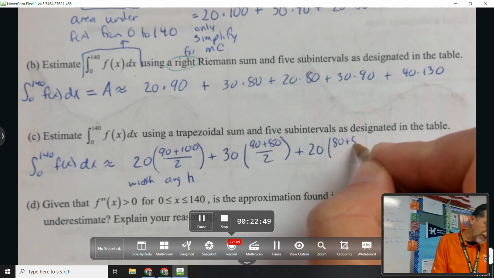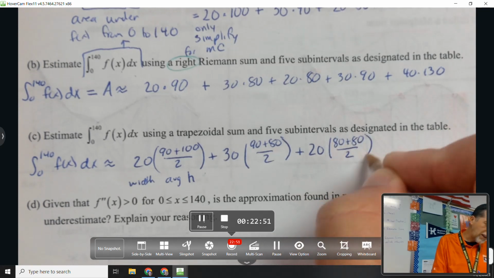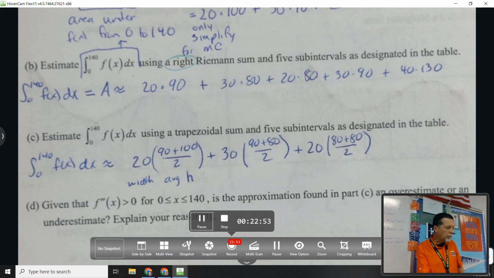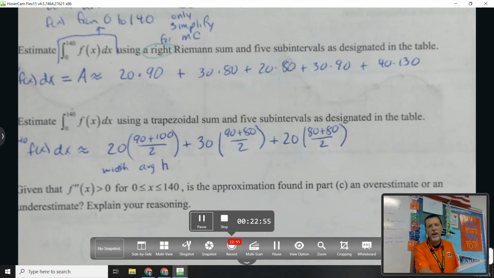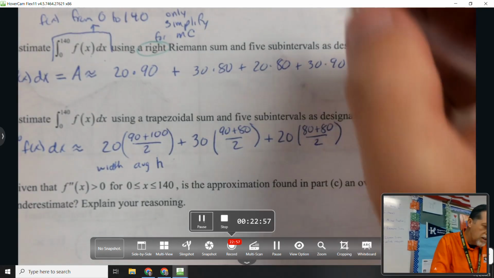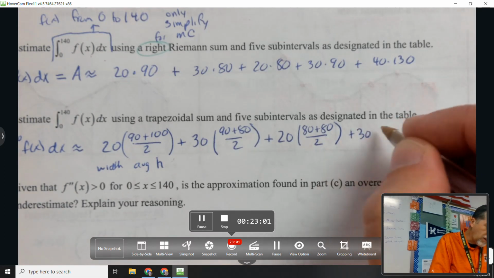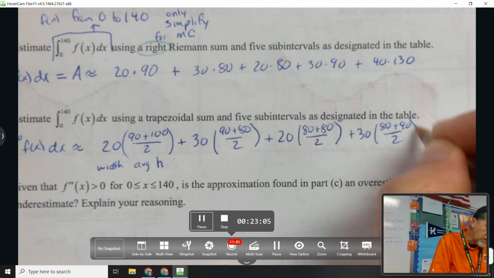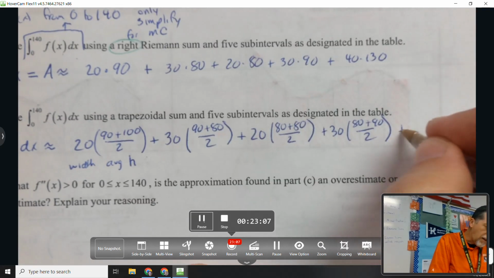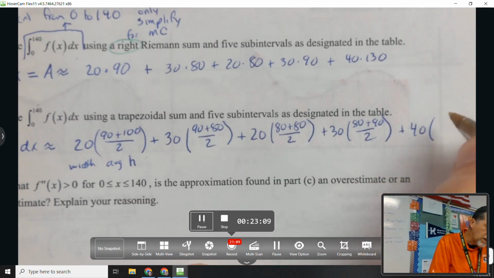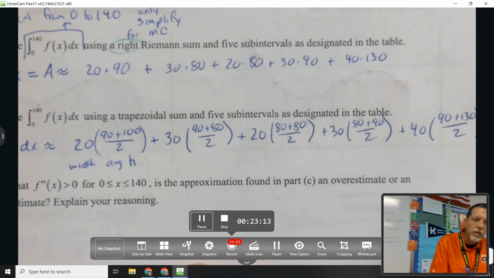And this looks like a little overkill to write 80 plus 80 over 2, but you're emphasizing that you're doing the average height. And then 70 to 100 is width of 30. 80 plus 90 over 2. And that last one is a width of 40. And the two heights, 90 plus 130 over 2.